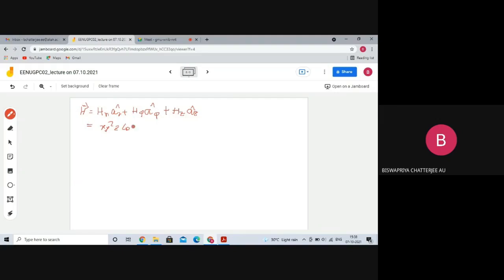It is x y square z cos phi plus x square y z sin phi into a_R cap.